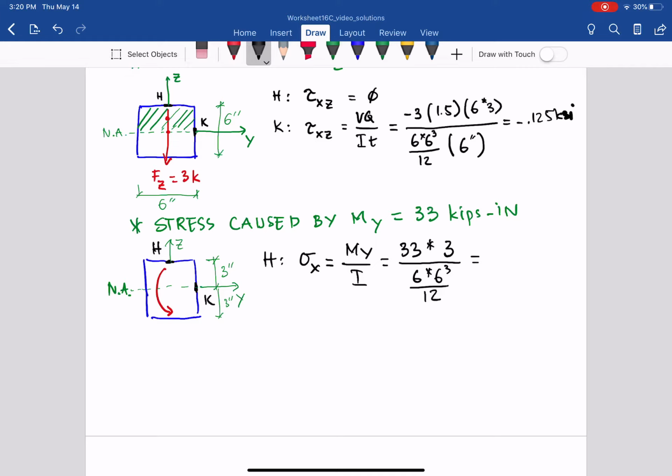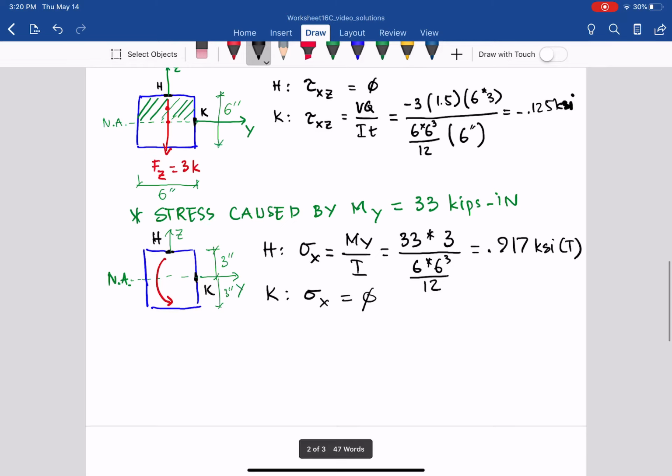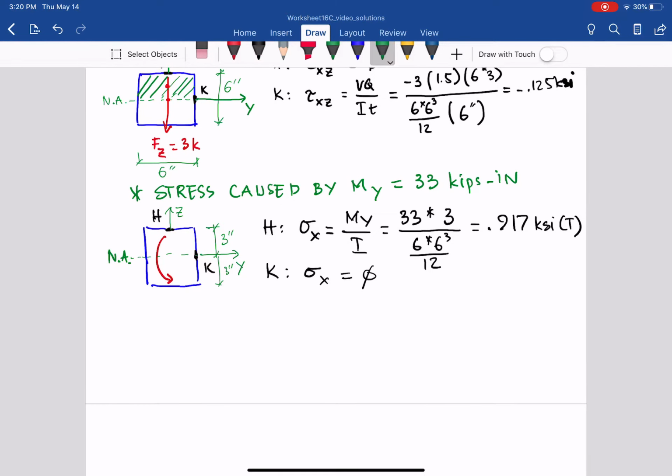From that it equals 0.917 ksi in tension. And at K, like I say, K goes through the neutral axis, sigma X equals 0. The last one is stress. Let's move to the next page.